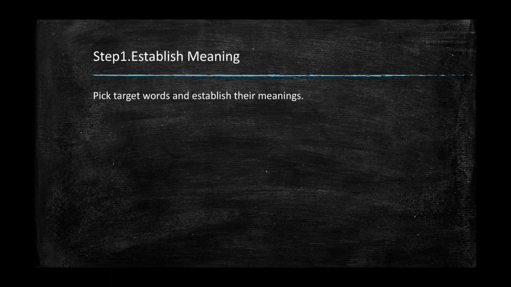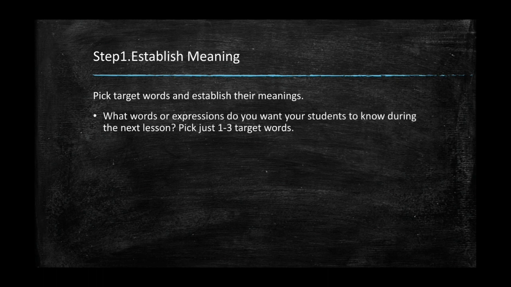Step 1, establish meaning. Pick target words and establish their meanings. What words or expressions do you want your students to know during the next lesson? Pick just one to three target words. I imagine that you're saying right now, oh really? I can't do that. I have a textbook to follow.